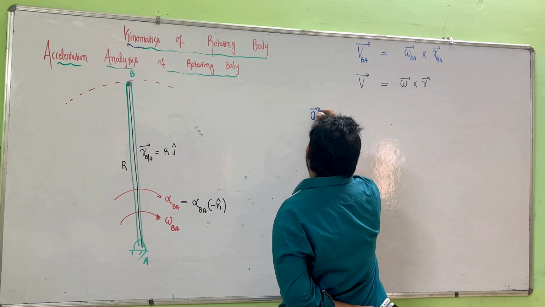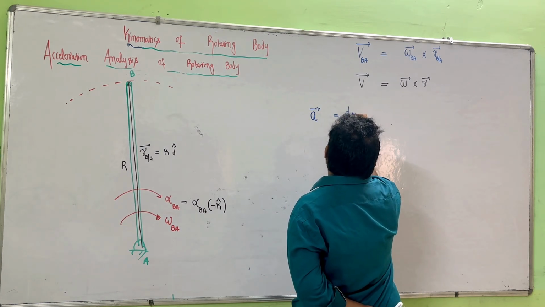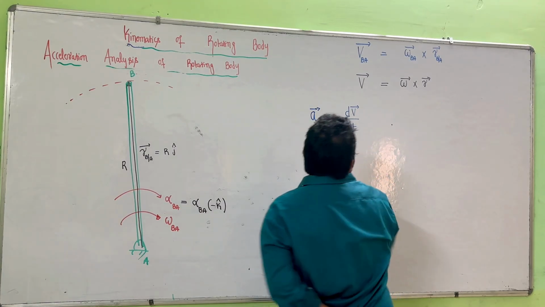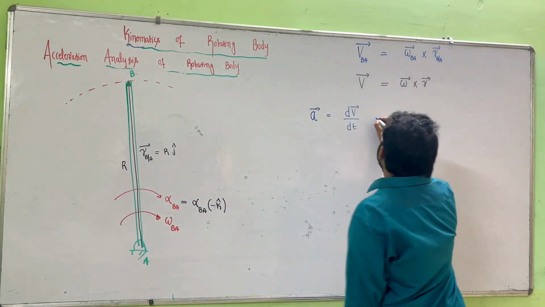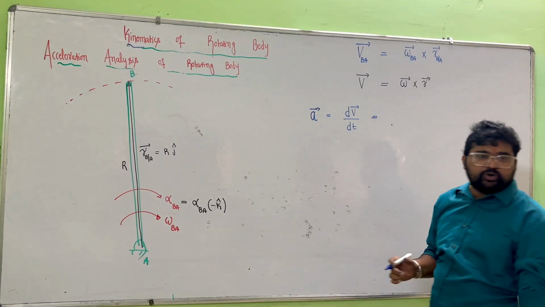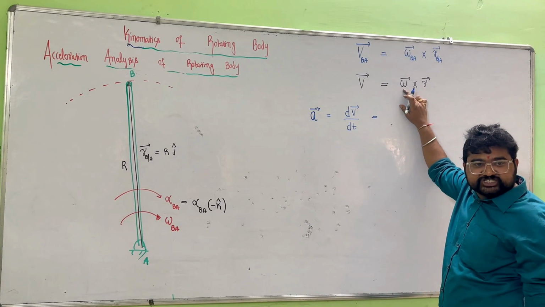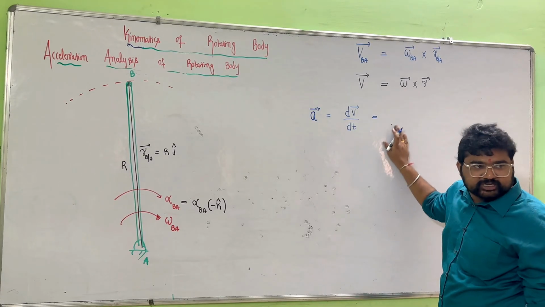A bar equals dV bar by dt. So how to differentiate? Apply the UV rule. First we can differentiate R, after that differentiate omega, or else first differentiate omega. That is up to you.